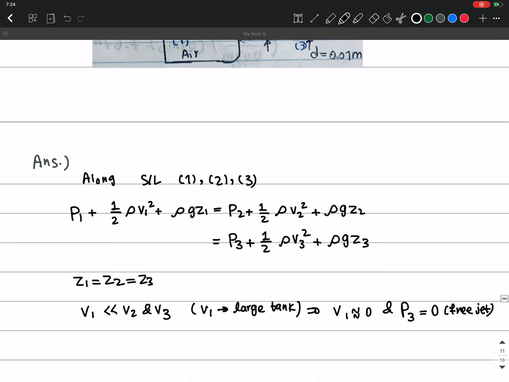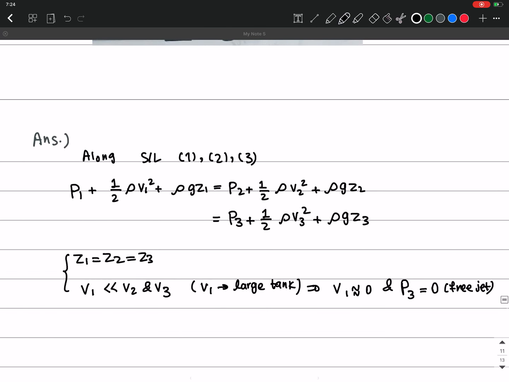Okay, so now we just plug in all this info that we have from the configuration of the problem into the Bernoulli equation. First I'm going to cancel out all the z's, right, because they are all equal to each other.